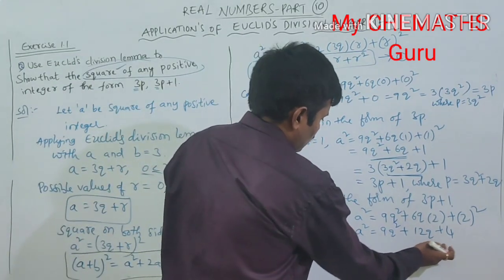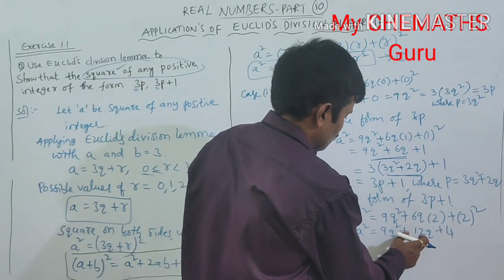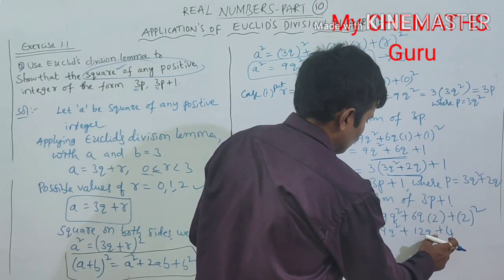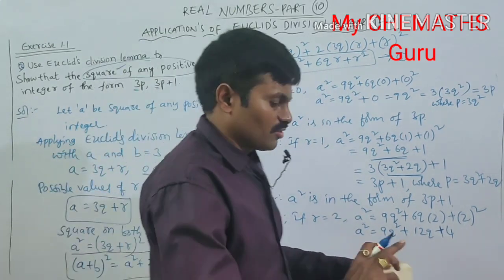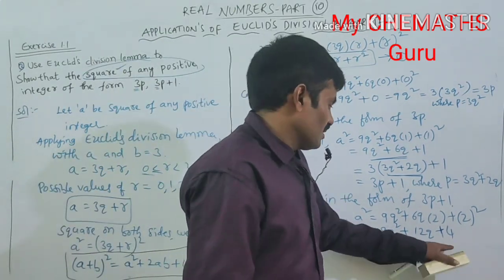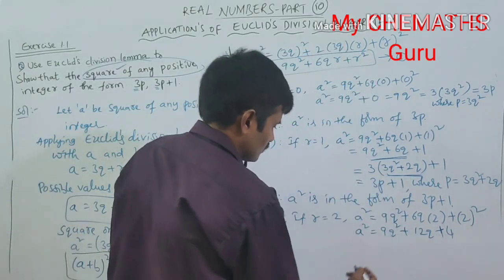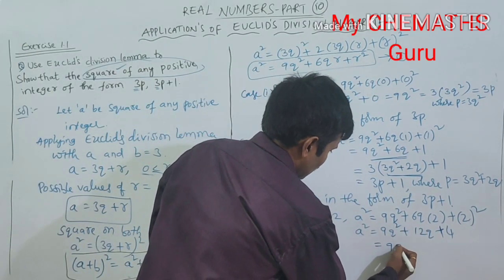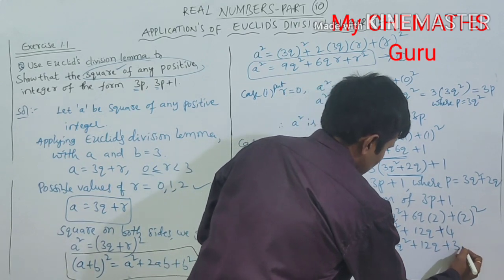Now check whether all the terms are multiples of 3. 9, yes. 12, yes. 4, no. Then 4 can be written as a sum of two numbers such that we get 3, so write 3 + 1. So it can be written as 9q² + 12q + 3 + 1.